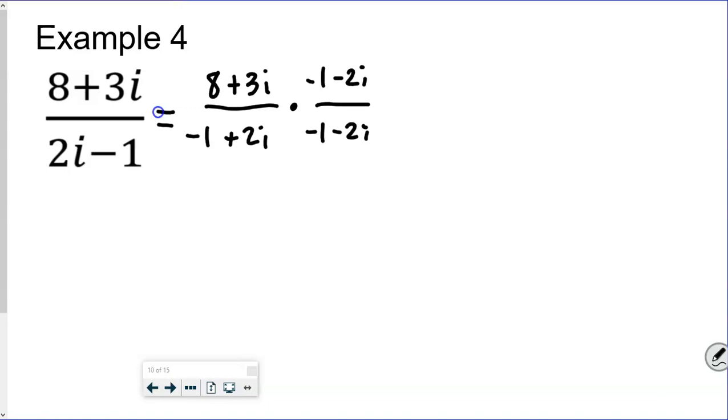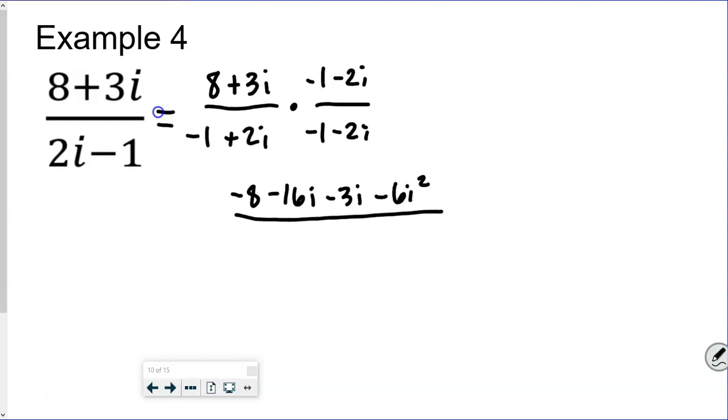So once again, I'm going to use the FOIL method. So I'm going to use first to first. So that's 8 times negative 1. So that's negative 8. 8 times negative 2i, that's going to be negative 16i. 3i times negative 1, that's negative 3i. And then 3i times negative 2i is going to be negative 6i squared.